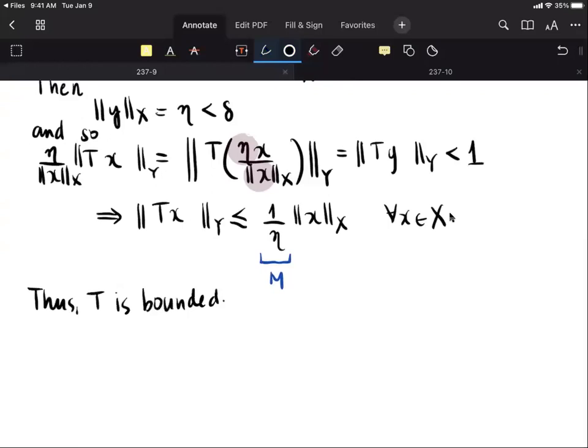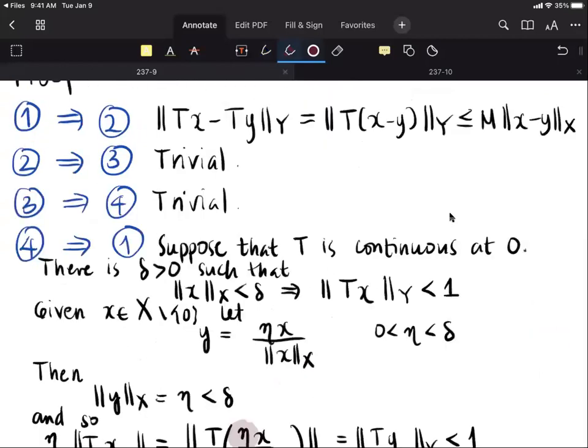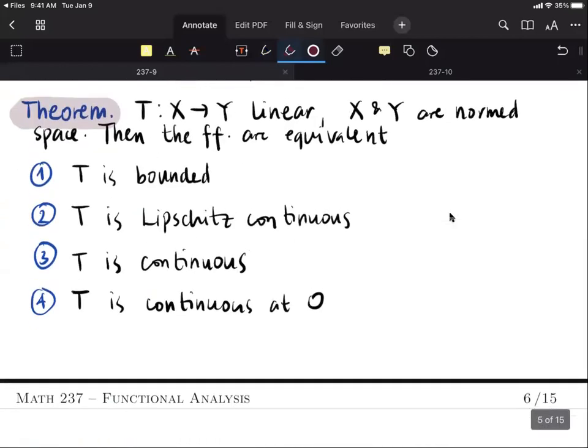And that completes the proof of the equivalence. Again, for linear operators, boundedness, Lipschitz continuity, continuity, and continuity at 0 are all equivalent. So for instance, if you want to prove that your linear operator is continuous, it is enough to prove that it is bounded.